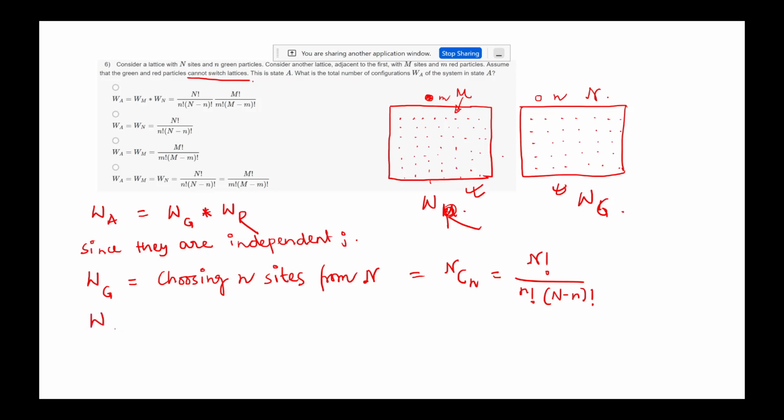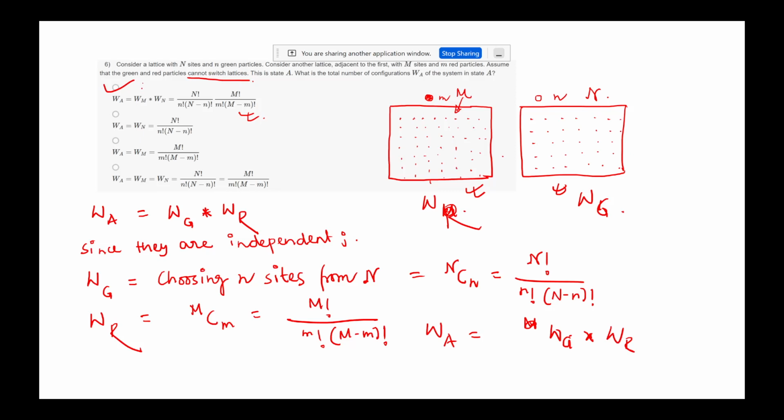And WR is the same, that will be MCm, that is M factorial divided by m factorial times (M minus m) factorial. And so WA will be WG times WR, that will be this option, right? So this is the correct option.